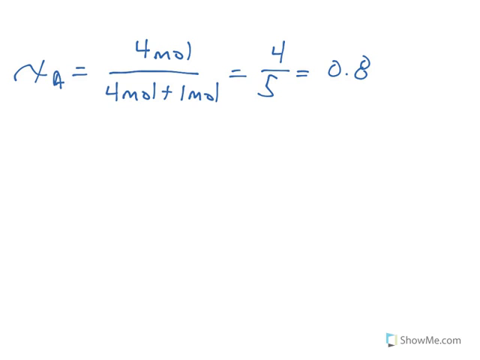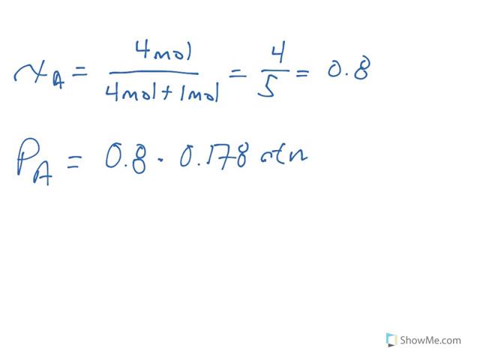Now I can calculate my new vapor pressure by saying PA is equal to 0.8 times 0.178 atmospheres. When I multiply those two numbers together, I get 0.142 atmospheres. So that is vapor pressure lowering.